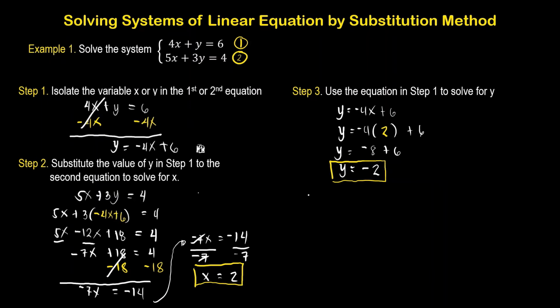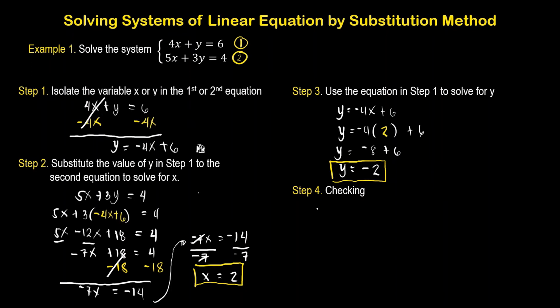Now, para makasure tayo na tama yung mga values ng x and y natin, ang gagawin natin is we are going to check it. So that's our step 4, wherein we are going to check if the values of x and y satisfy the given system. So start muna natin, let's check if yung given value ng x and y natin is mag-satisfy sa both equations.